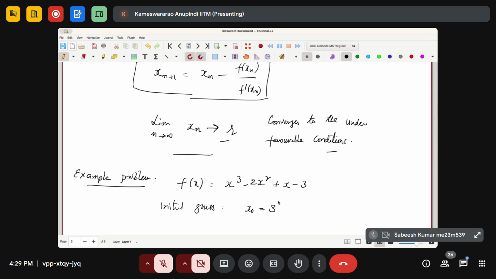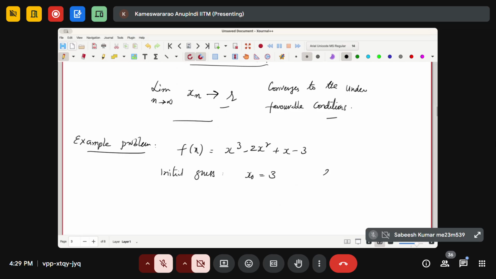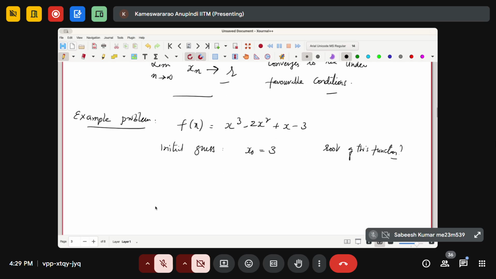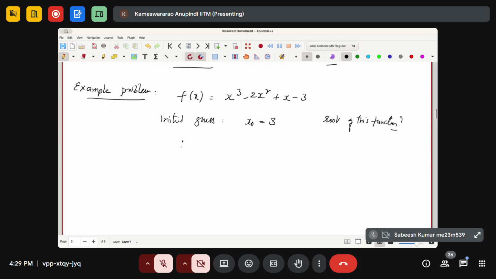Now we need to calculate the root of this function. Then f prime x equals 3x squared minus 4x plus 1. Okay, that's what we have.